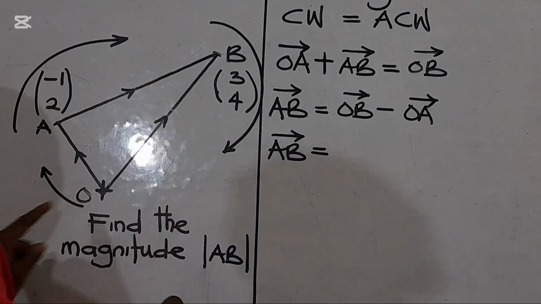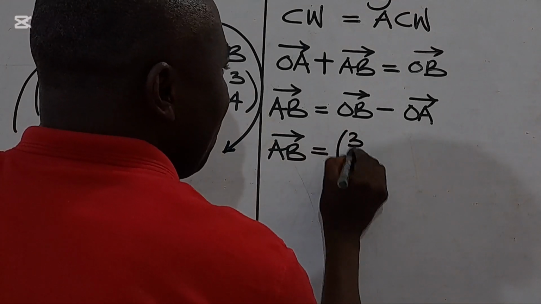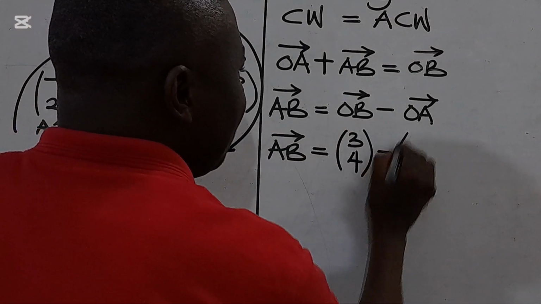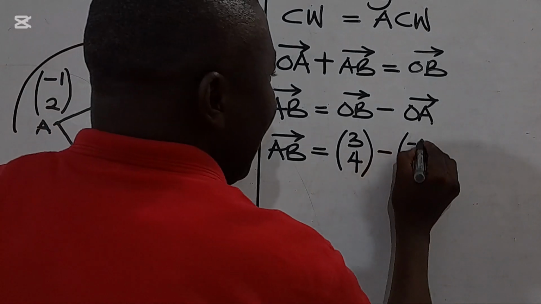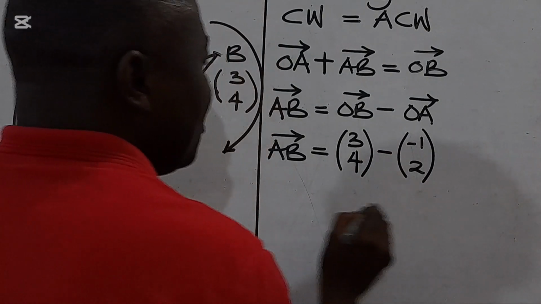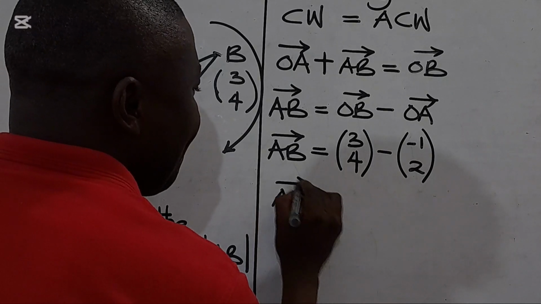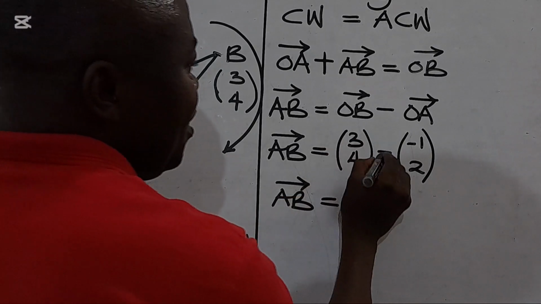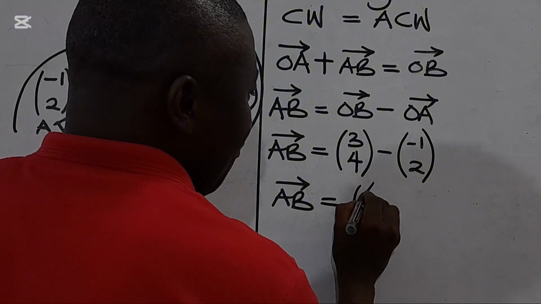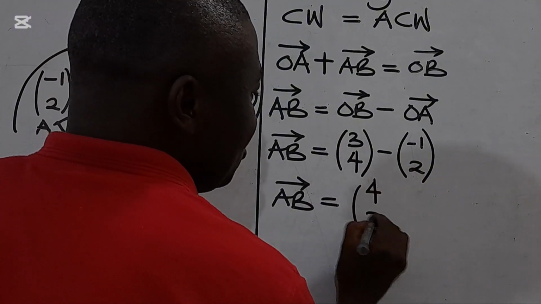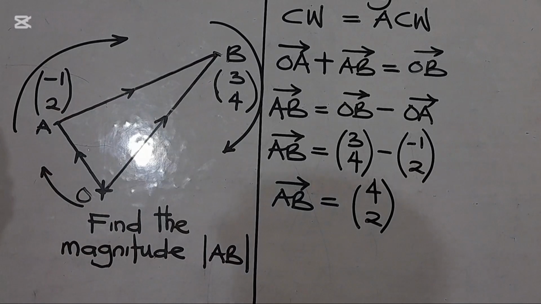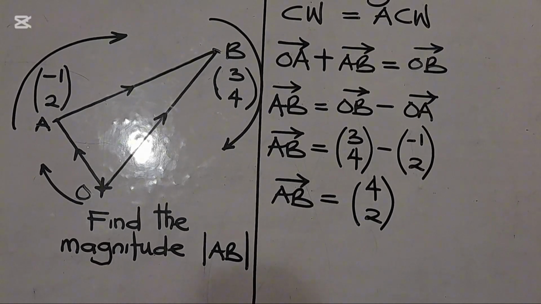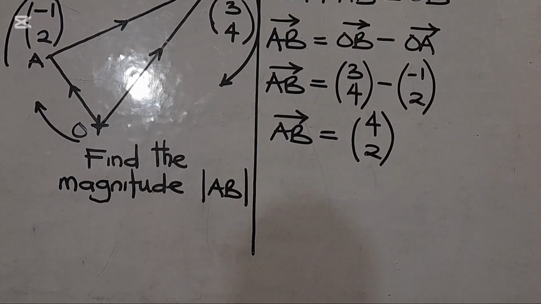So AB equals OB, 3, 4, minus OA, -1 and 2. So AB will give 3 minus -1, that's 3 plus 1, which is 4. 4 minus 2, which is 2. We have gotten the value. The next is for us to find the magnitude.